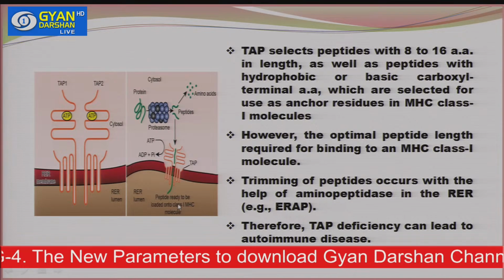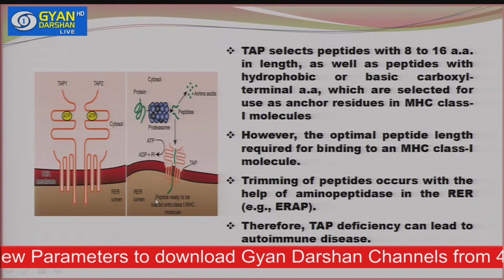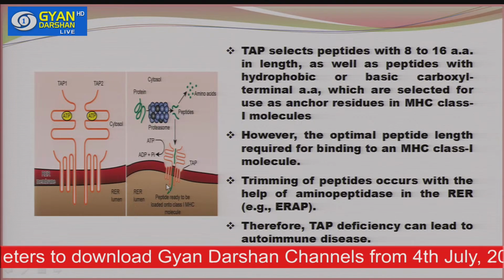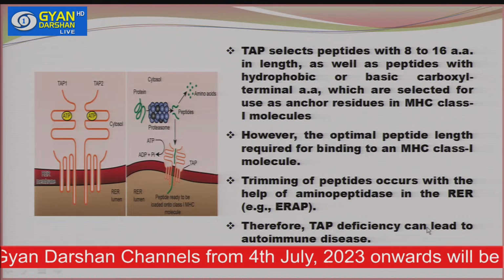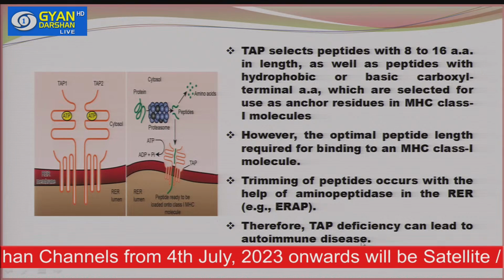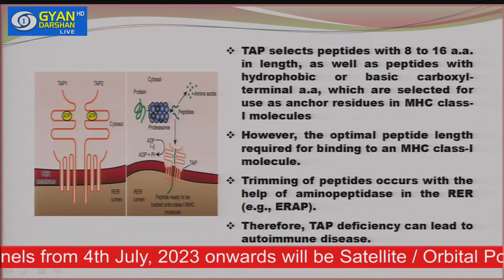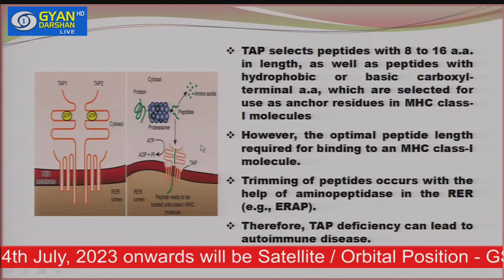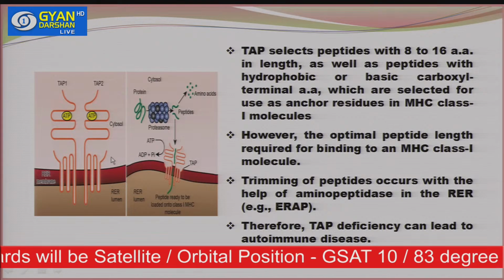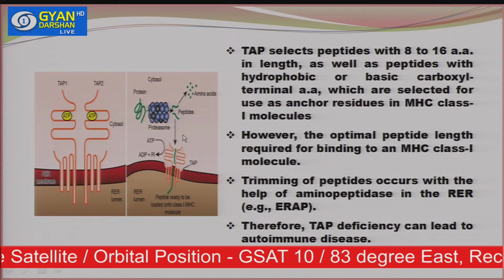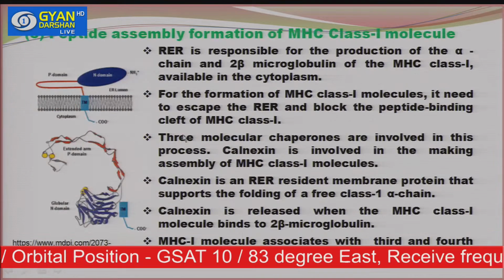They help in trimming your peptides, so that it makes 8 to 10 amino acids. Therefore, TAP deficiency can lead to autoimmune diseases. If any person is deficient in TAP, you can say this person is suffering from autoimmune disease.